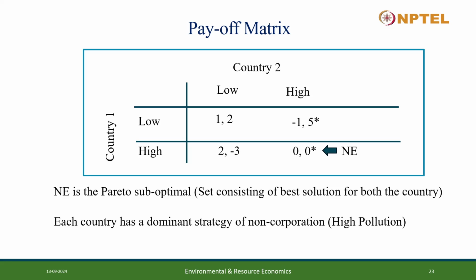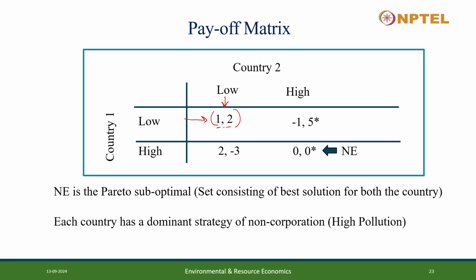So now let's say that there are two countries. Okay, so now we will try to formulate the payoff matrix. So if both countries pollute low, then the benefits for the two countries are 1 and 2.